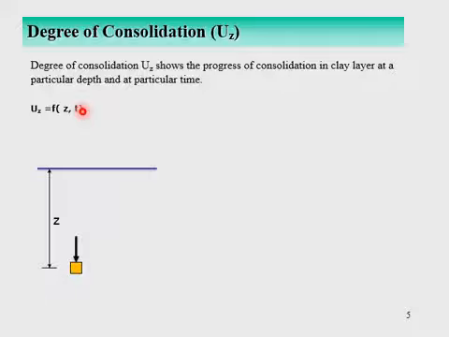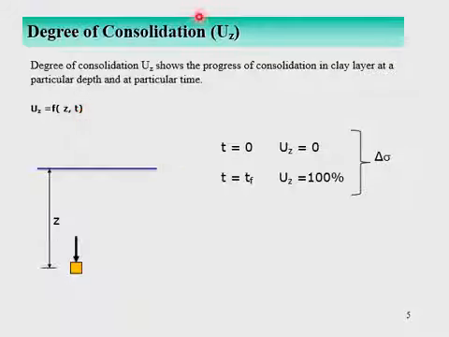So the value of UZ varies from 0 to 1. At time t equal to 0, at the start of consolidation, UZ is equal to 0, and at t equal to tf, after a long time, you may say final time, UZ is equal to 100%, and that is for a particular delta sigma.